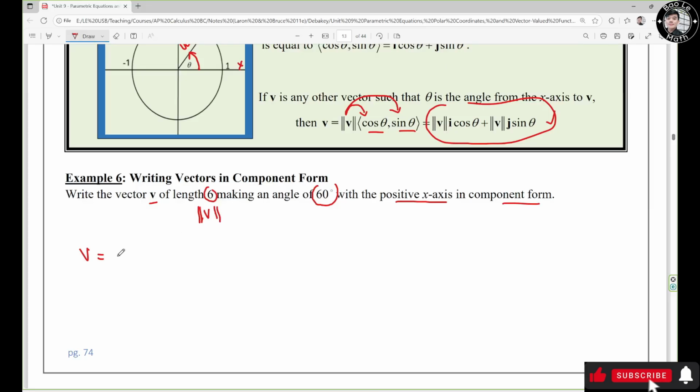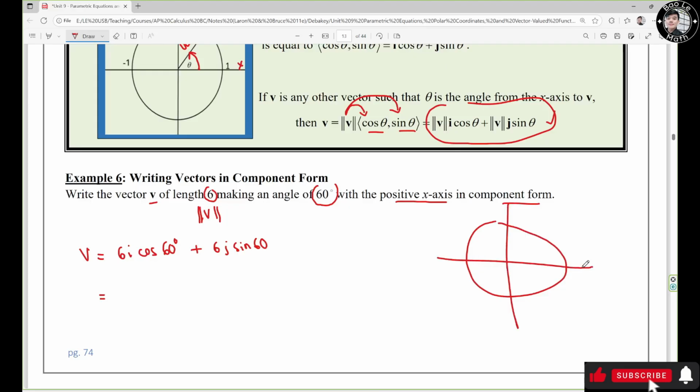So it's going to be 6i cosine of theta, theta is 60 degrees, right? So cosine 60 plus 6j sine 60, right? Now cosine 60, you're going to draw the unit circle right here.